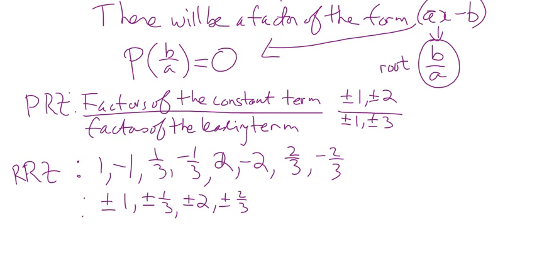Now, you ain't seen nothing yet. If the numbers were 6 and 15, then you've got 1s and 2s and 3s and 6s and 1s and 3s and 5s and 15s. Now, when you put them together, you're going to end up with a lot of repeats, right? Like if there's a 3 here and a 3 here, you're back to plus or minus 1, because you're going 3 over 3. So you're not going to repeat it. These should be unique.